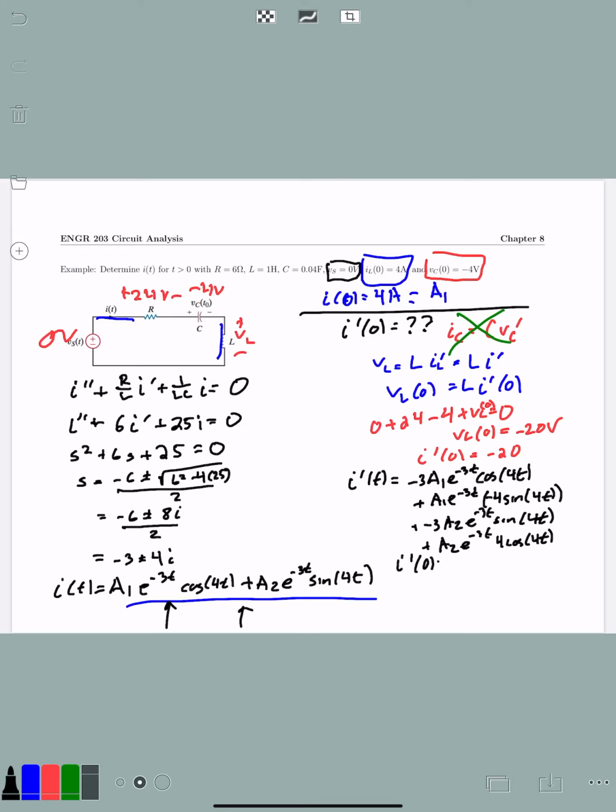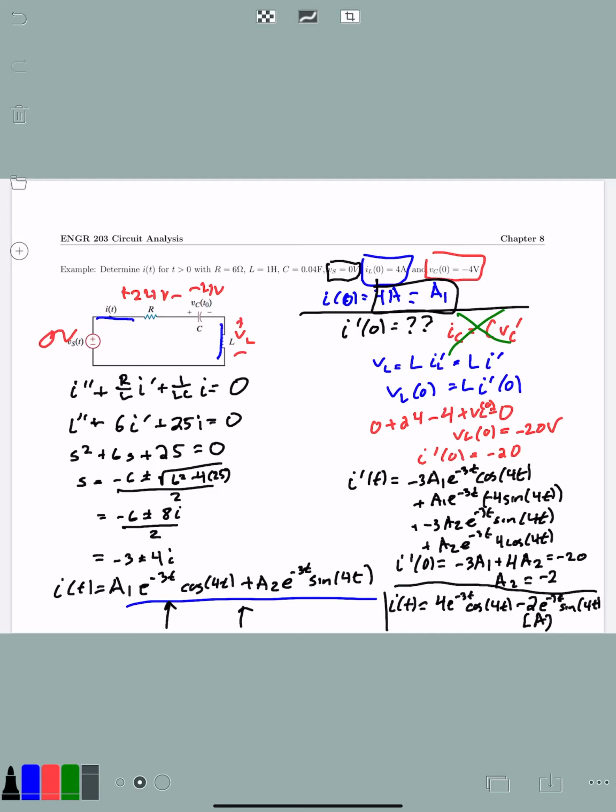If I plug in 0 everywhere, all the sine terms go away, and I have negative 3 a1 plus 4 a2, which is supposed to equal negative 20. I know a1 is 4, so then you can solve: negative 12, add 12, is negative 8, so a2 is negative 2. And so the final answer is 4 e to the negative 3t cosine 4t minus 2 e to the negative 3t sine 4t amps.